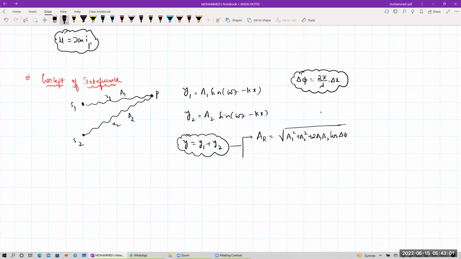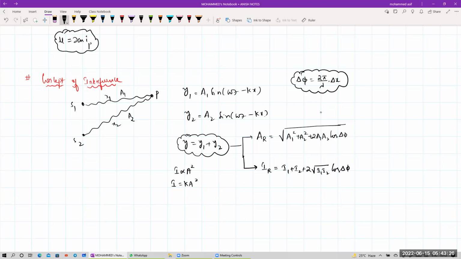We know that intensity is directly proportional to the square of the amplitude. So removing the proportionality constant, I is equal to k into a square. If I write the amplitude in terms of intensity, the resultant intensity will be I1 plus I2 plus 2 root of I1 I2 into cos of delta phi.